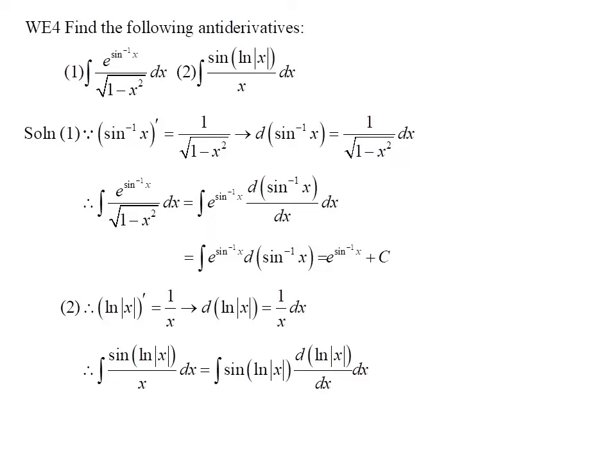Hence, the antiderivative equals the integral of sine of ln of modulus x d ln of modulus of x by dx, which equals the integral of sine of ln of modulus of x d ln of modulus of x, which equals negative cosine of ln of modulus of x plus c.